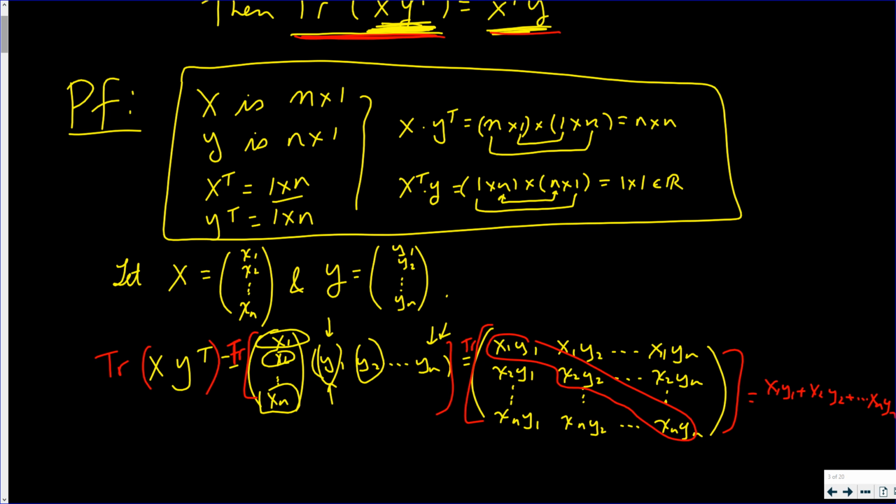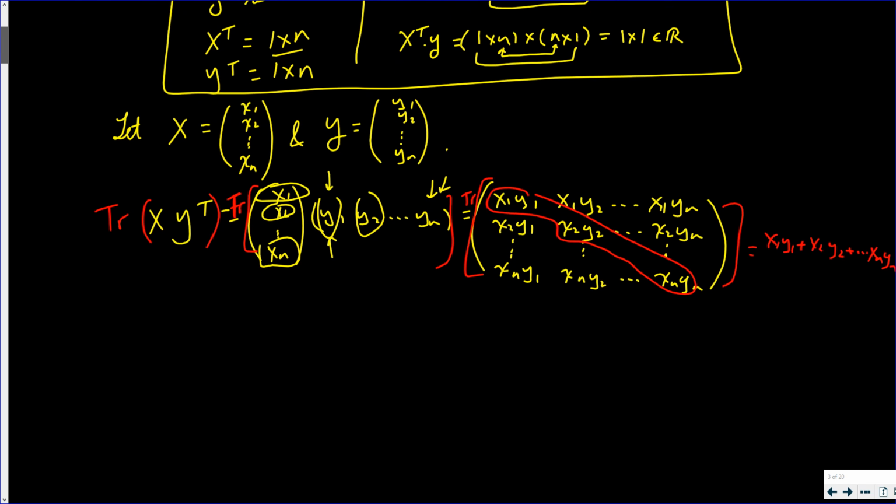Let us see what X transpose Y equals. X transpose Y, well, I wrote down what X equals. X transpose will be x1, x2, up to xn.